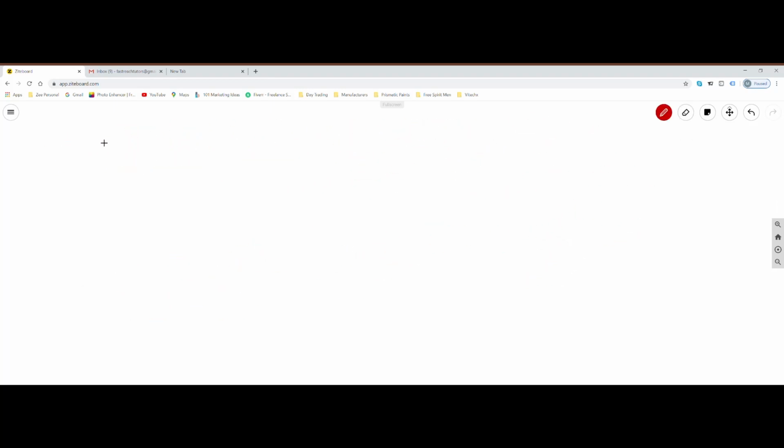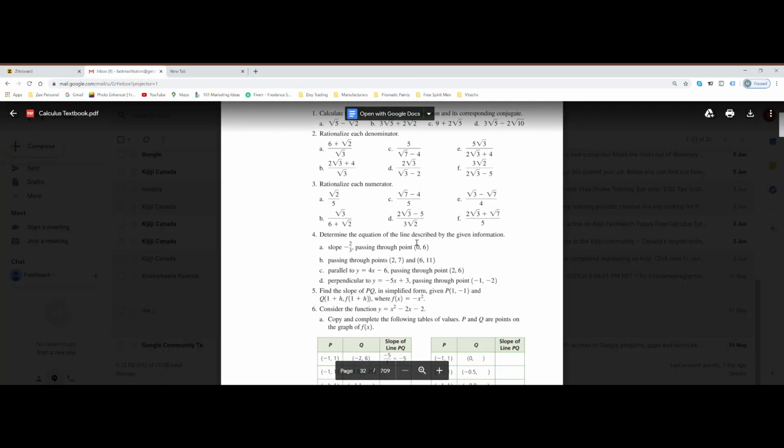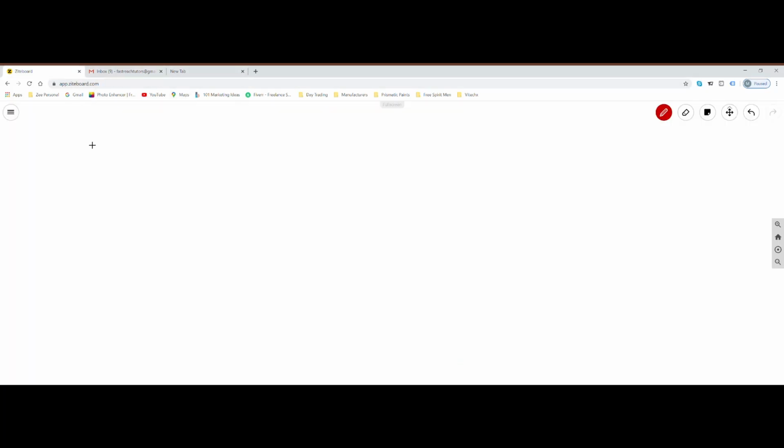Let's do question 4. So question 4 is determine the equation of the line given by the following information. So you have 4a.